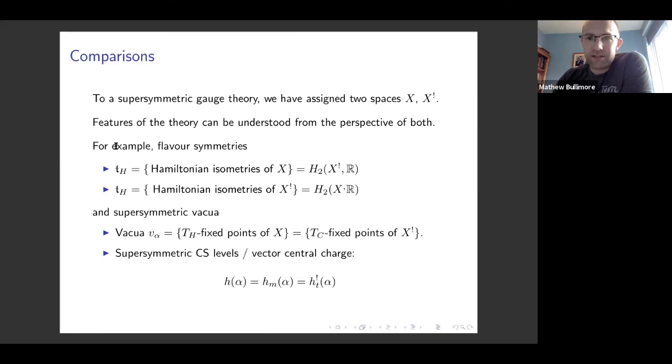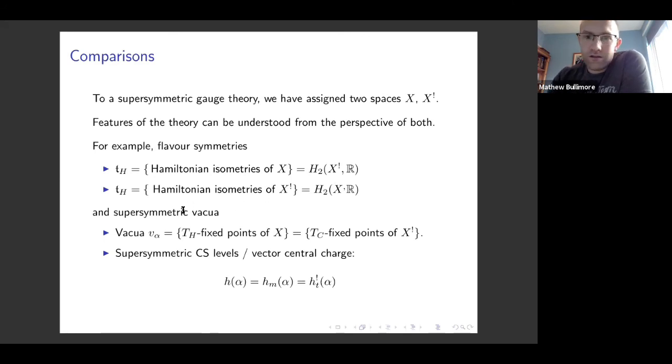For example, the flavor symmetries we've just discussed. The Higgs branch flavor symmetry is given by isometries of the Higgs branch, or topology H2 of the Coulomb branch. The Coulomb branch symmetries, there's a typo here, it should be TC, are given by Hamiltonian isometries of the Coulomb branch, or equivalently, topology H2 of the Higgs branch.